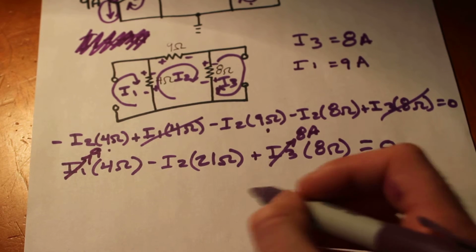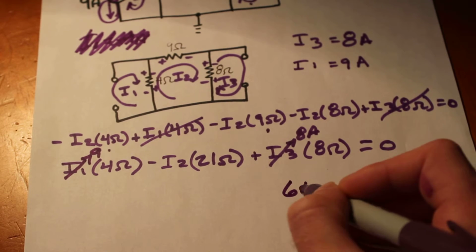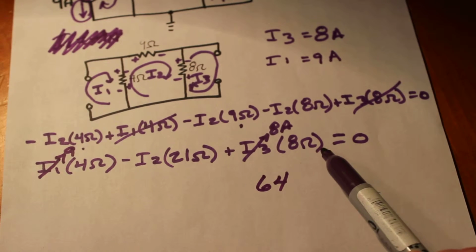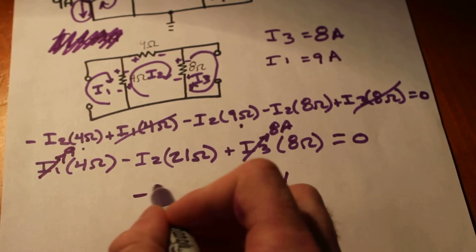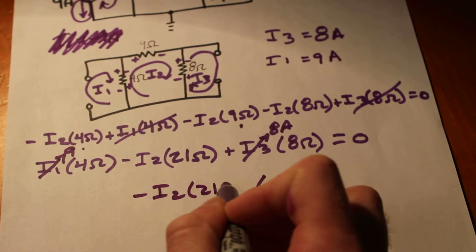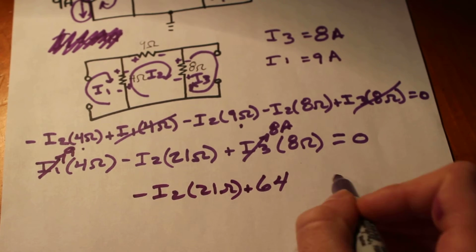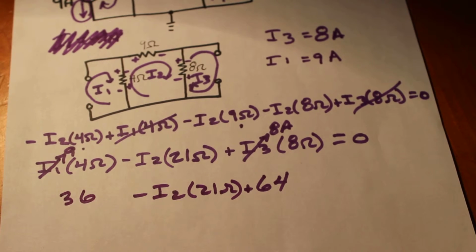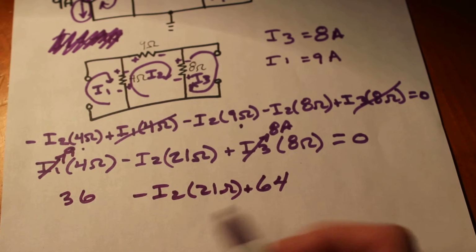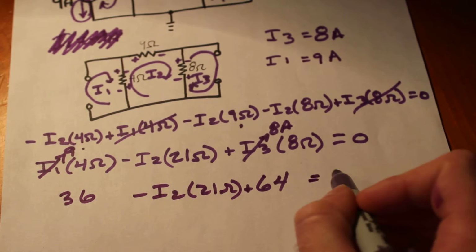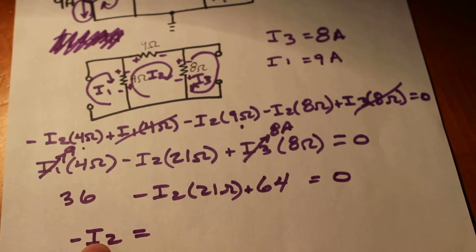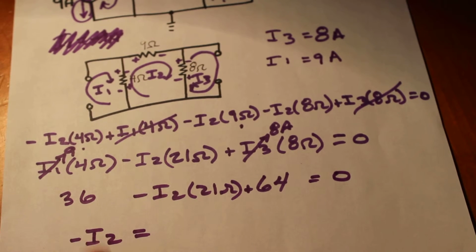Then we do a little bit of math here. We have 64, because it's 8 amps times 8 ohms. We still have I2 times 21, and we have 9 times 4, which is 36. Now we can rearrange for I2 to find that current.